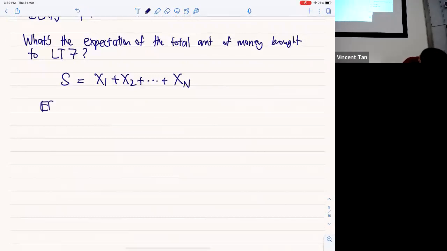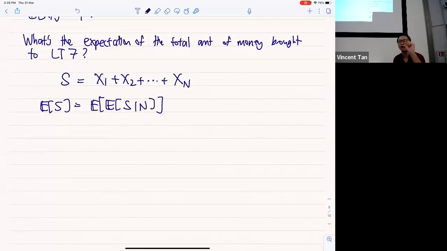We are interested in the expected value of S. S stands for sum. Now, what do we condition on? We condition on N, which is the number of students who actually come. Because if I know that the number of students who come is little n, it is very easy for me to figure out how much money was brought in on expectation.